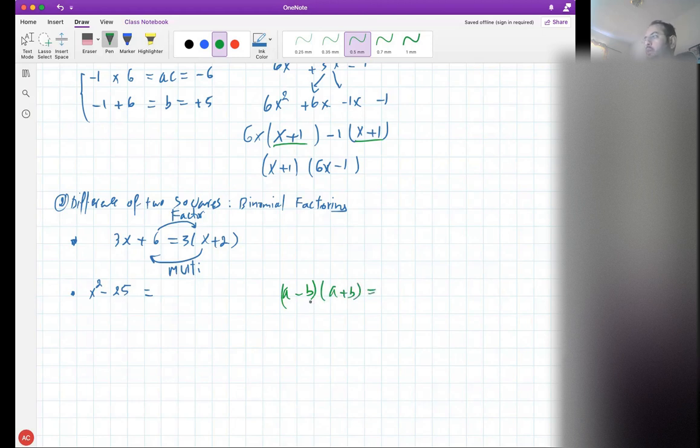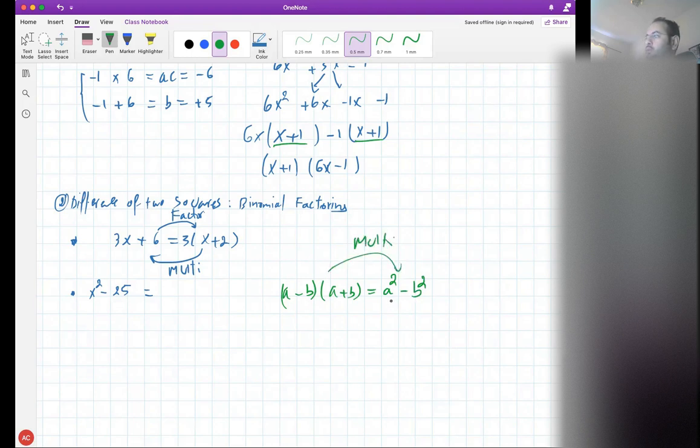From multiplying polynomials, it's in one step without distribution. What do you get? a squared minus b squared. That's right. So we use this for multiplying.